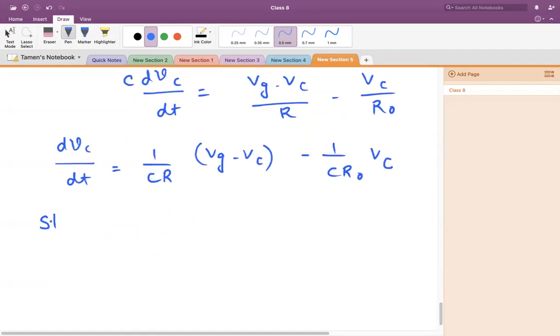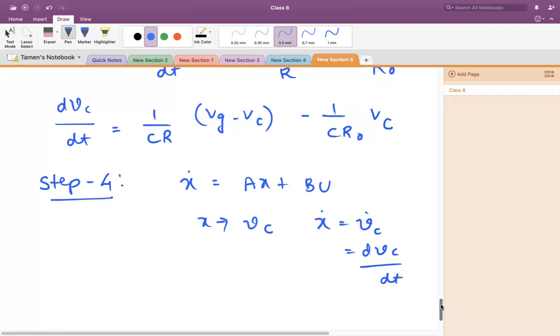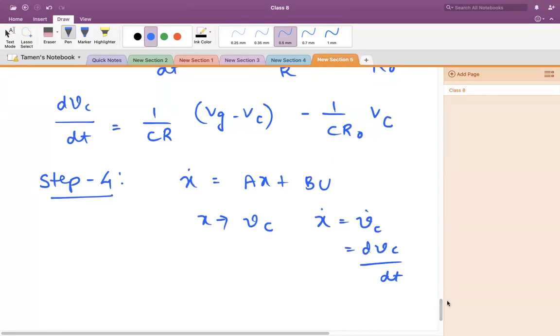Now we have the last step 4, that is separate it in the form x dot equal to Ax plus Bu. What is x? I said x is Vc. So x dot will be Vc dot, equal to dVc by dt. I said the state is the energy storing element Vc, right?